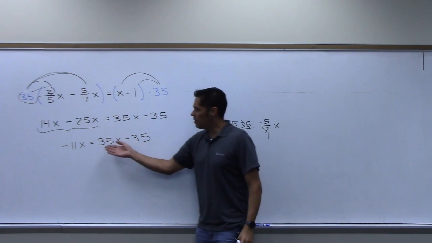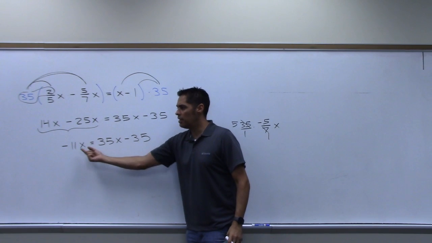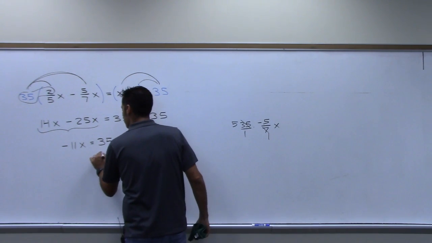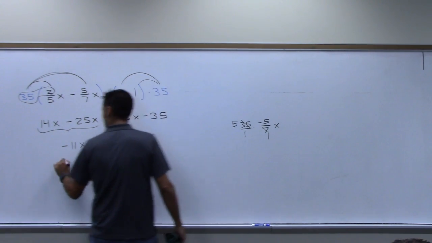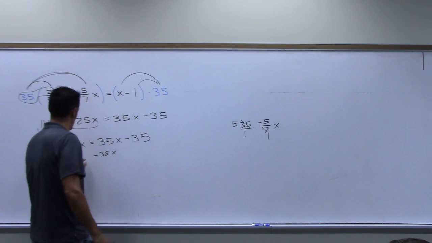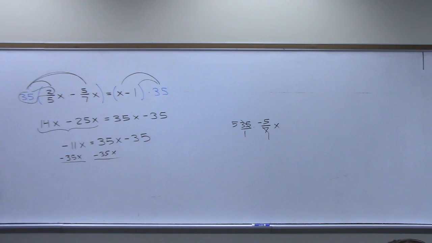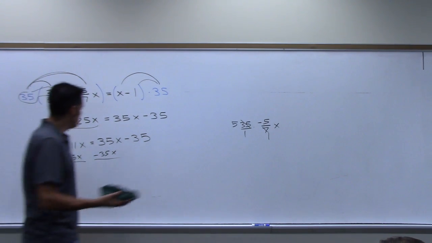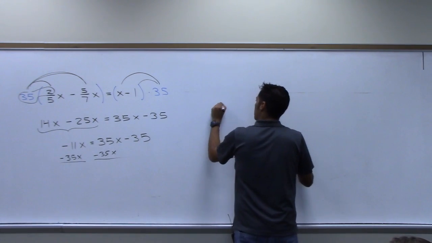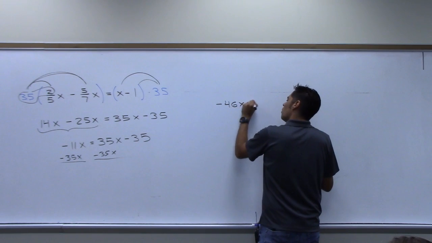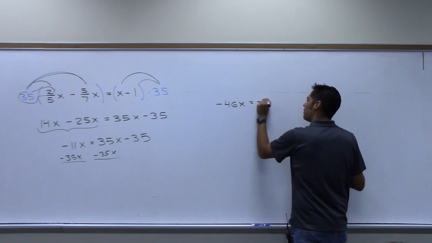I'm going to take this 35x and move it over to the other side. So subtract 35x on both sides. What's that? Negative 46x equals negative 35.